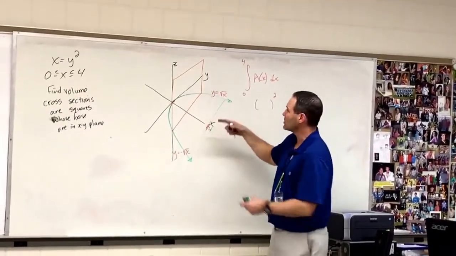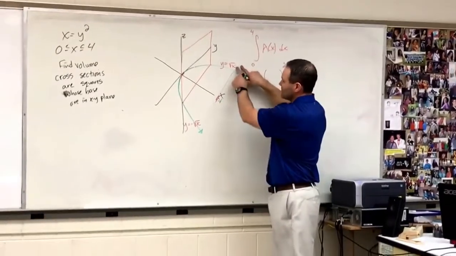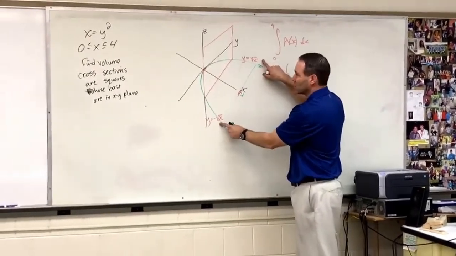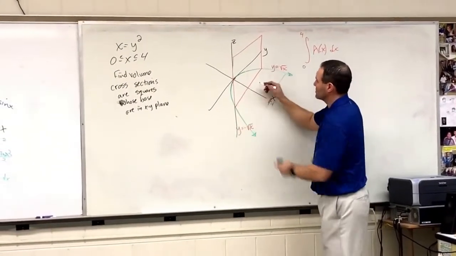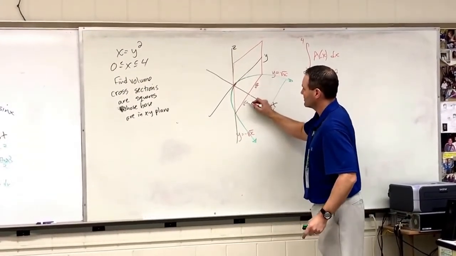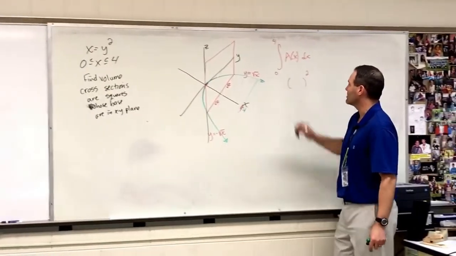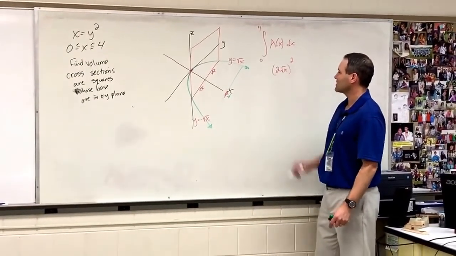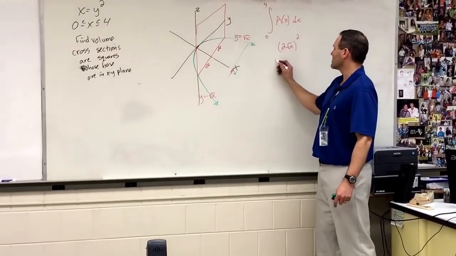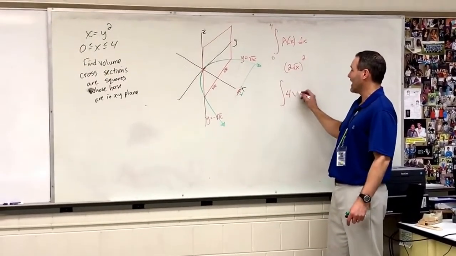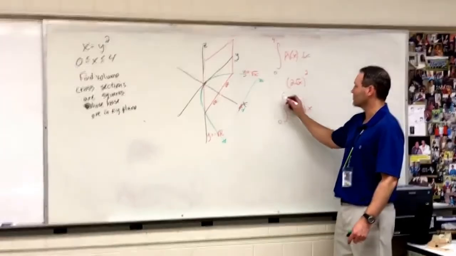Good. So you could go square root of x minus the negative square root of x, or just know that that's a square root of x, and that's a square root of x. Distance-wise, so the bottom is 2 square roots of x. Squared. So it's an integral of 4x dx from 0 to 4.